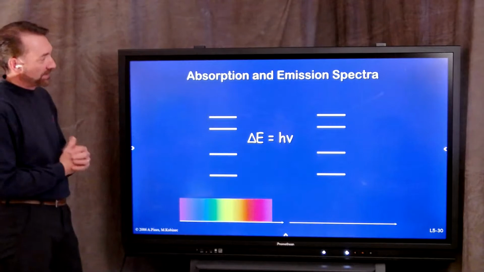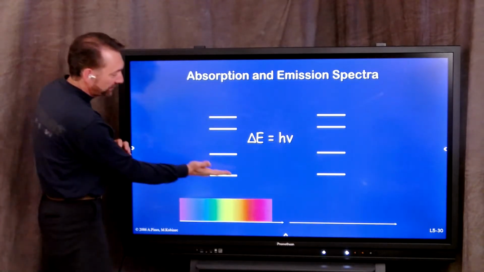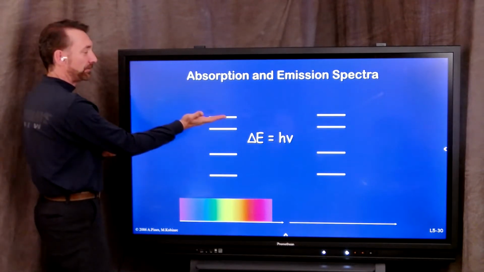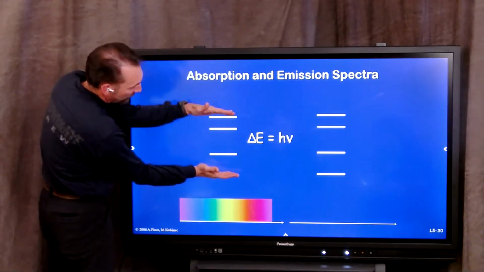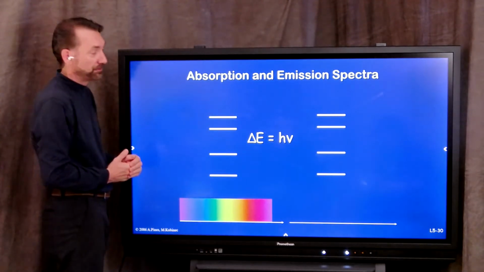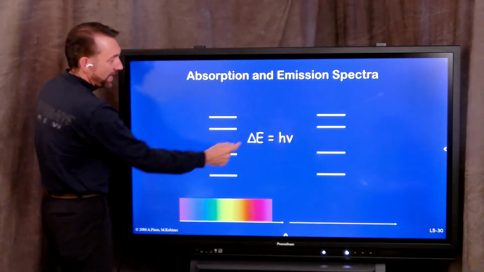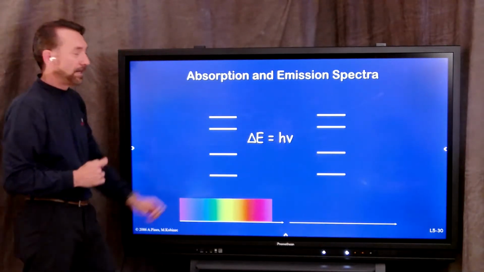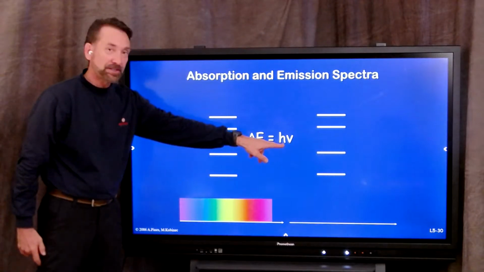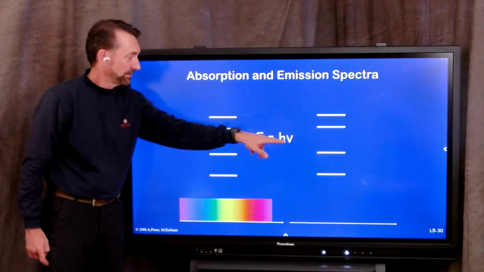So I just want to summarize that and have you think about it. Transitions between energy levels require an absorption of energy equal to the energy difference between those two states. That energy difference has to be taken in chunks, so it has to be taken in photon chunks.